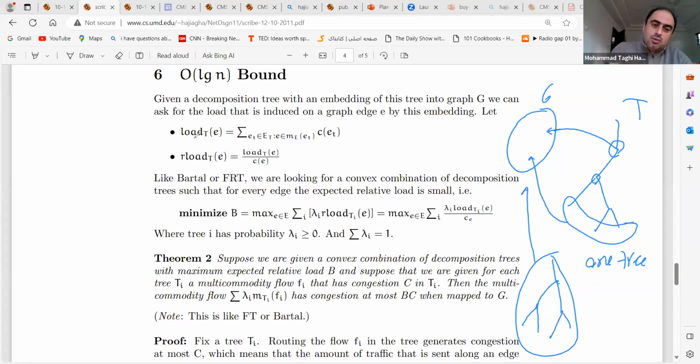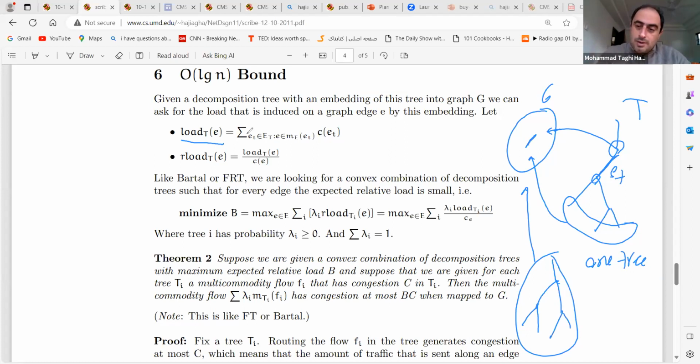So to do that, we need to define the load of an edge. As I mentioned, you will go through all edges of the tree, like e_T here, and you want to see what the load is on one particular edge.